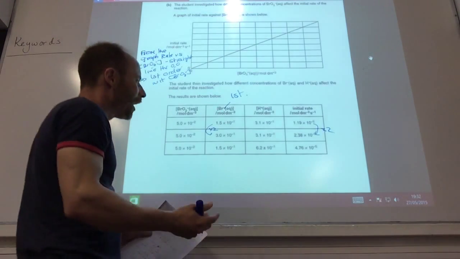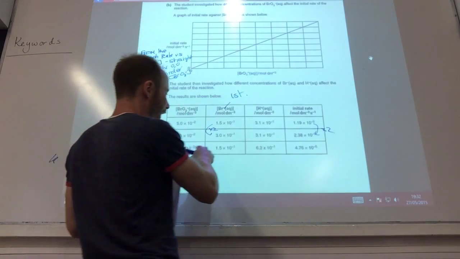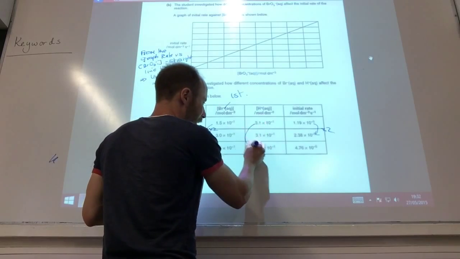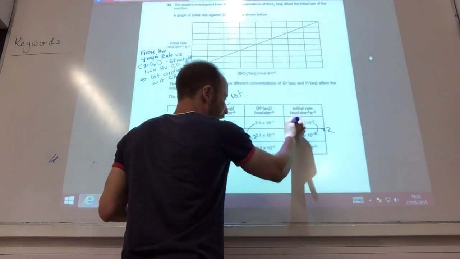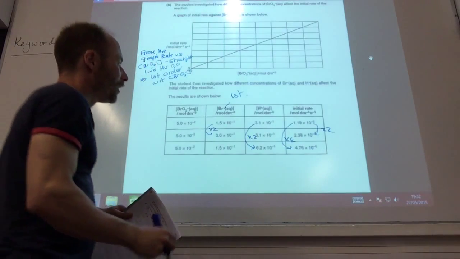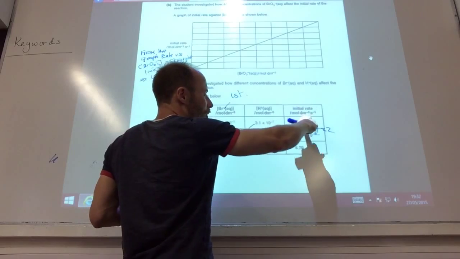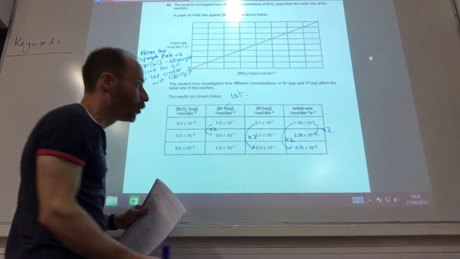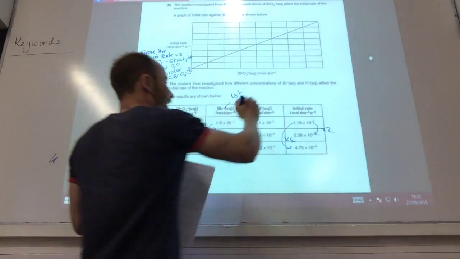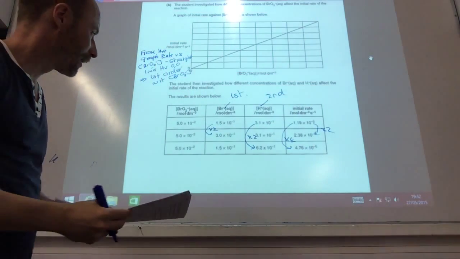H plus, you see that stayed the same, that stayed the same. From going to there, I doubled it, and going from there, I've actually timesed the rate by 4. So again, you would say, as you double the concentration of H plus, you quadruple the rate, and therefore it is second order with respect to H plus.